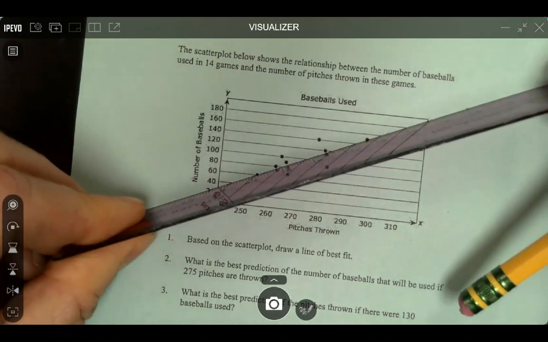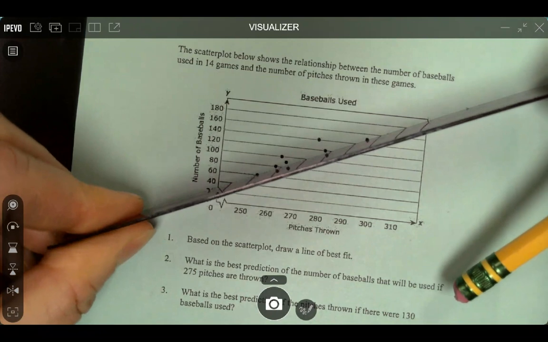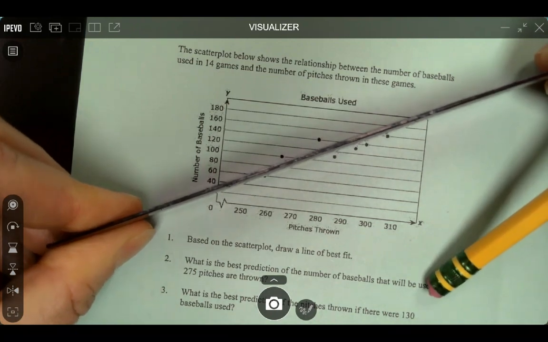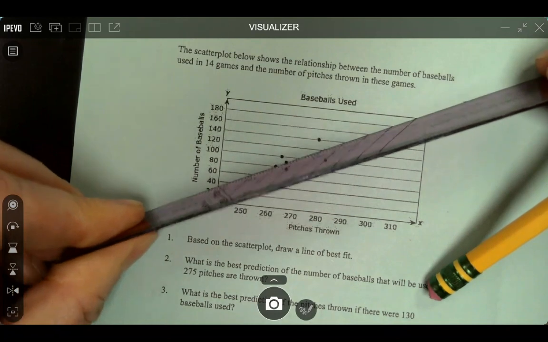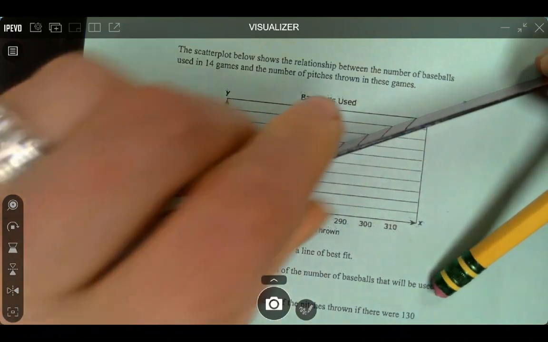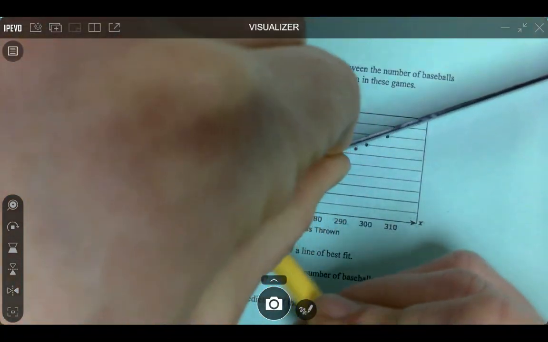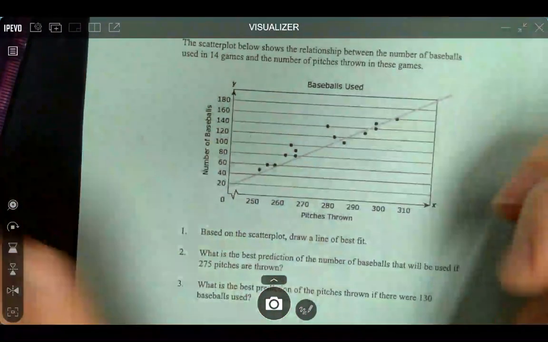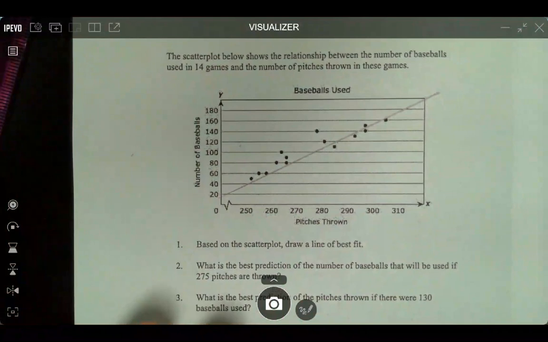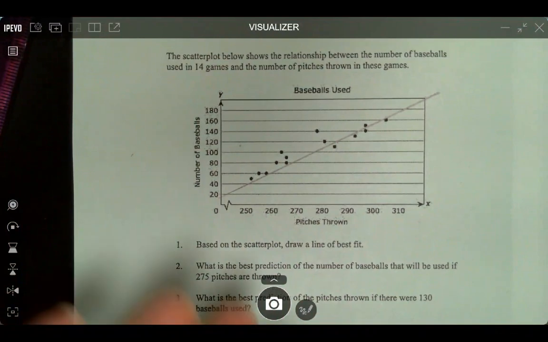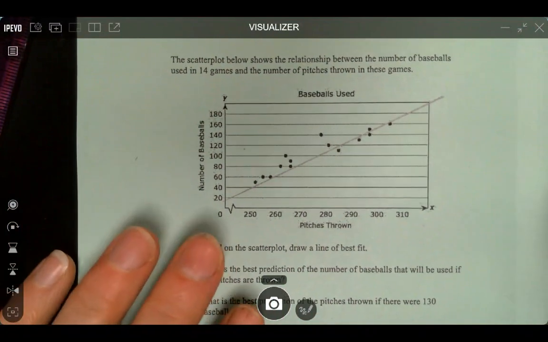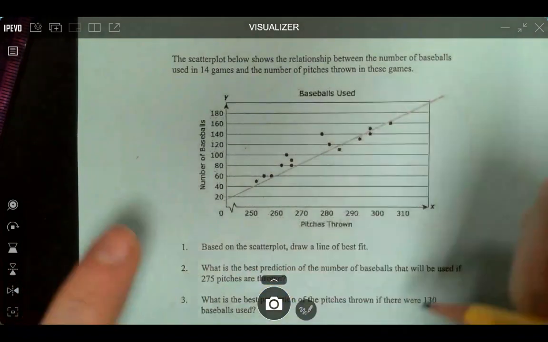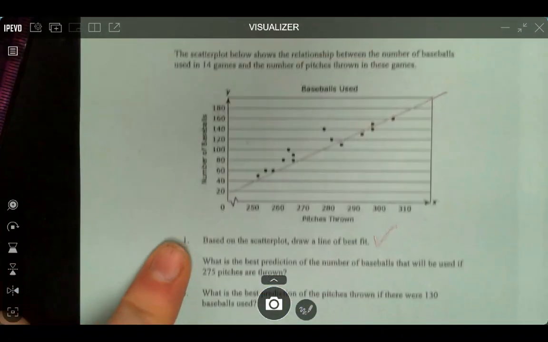Is that about even, or should I move it up a little bit more? Maybe up a little bit more. I'm thinking too much. Something similar to that. It doesn't have to be perfect. All right, so we drew a line of best fit.